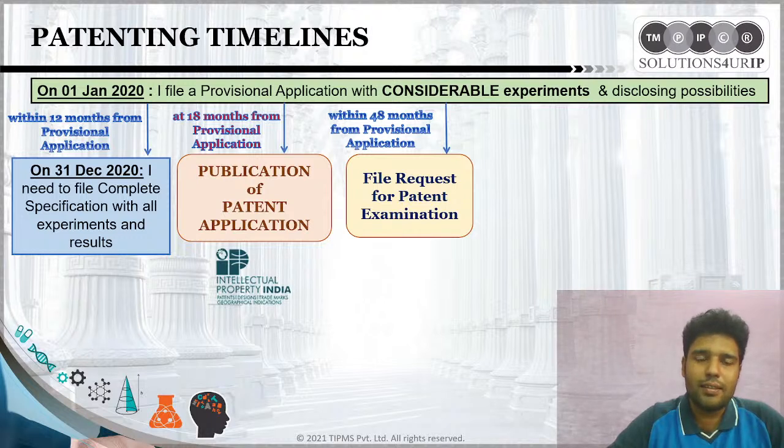If you file the request for publication under Form 9 on the day on which you make the patent application, then the patent application will be published within 1 to 2 months.